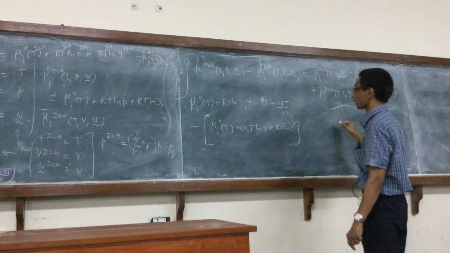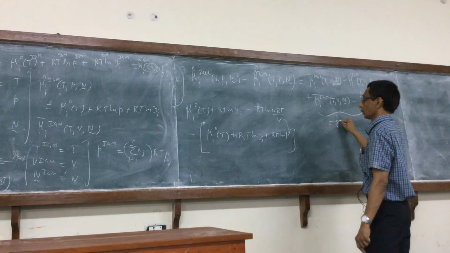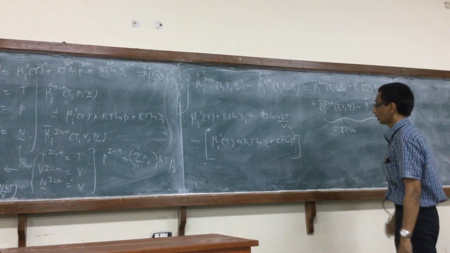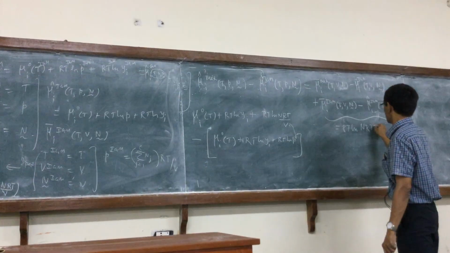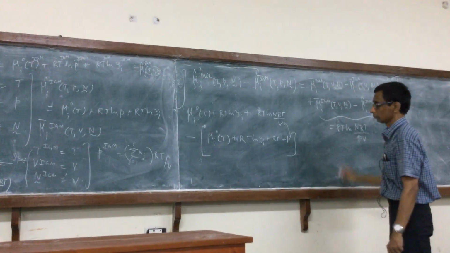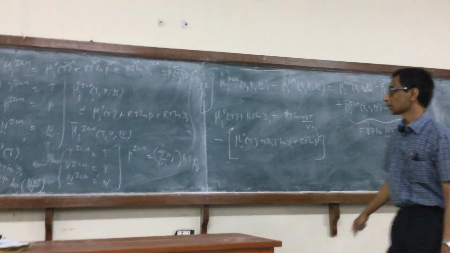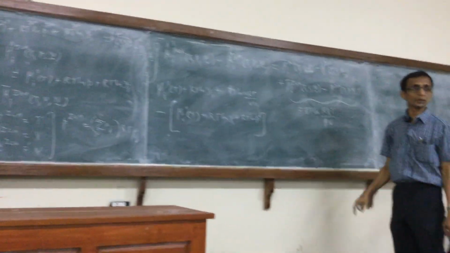So the difference clearly is RT log nRT by dV, because the P would come in the denominator.